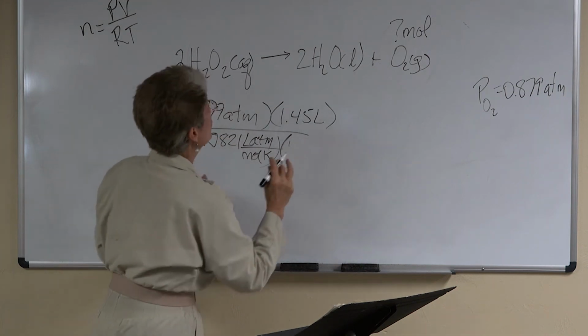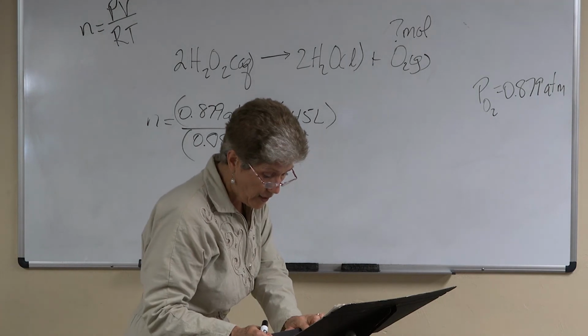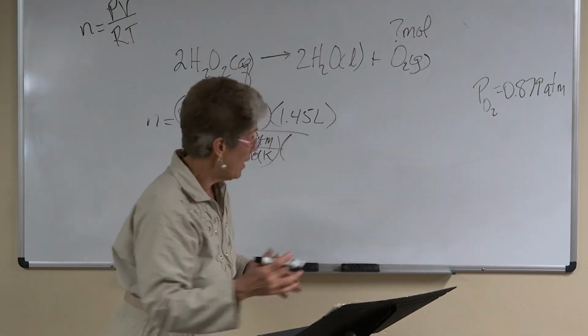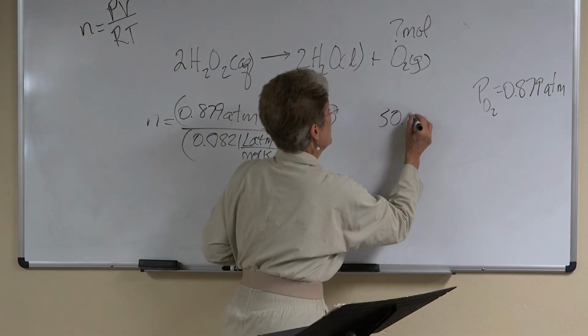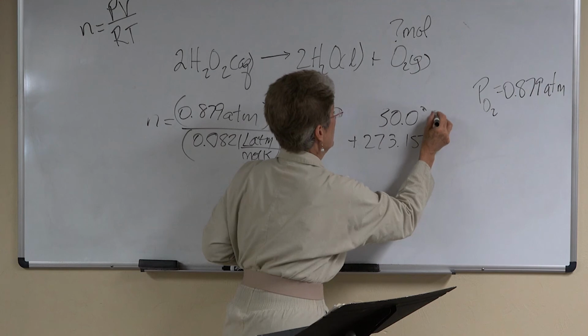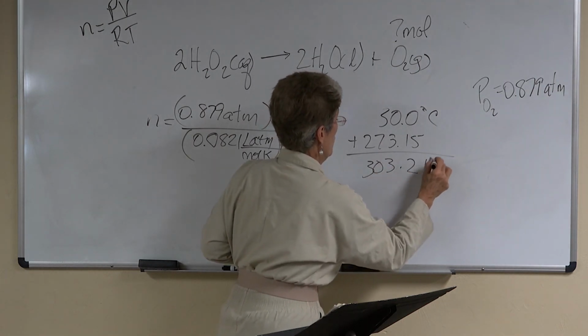And then the temperature was given to us as 30 degrees, and we add to that 273.15. So 30 degrees plus 273.15 is going to give us 303.2 Kelvin.